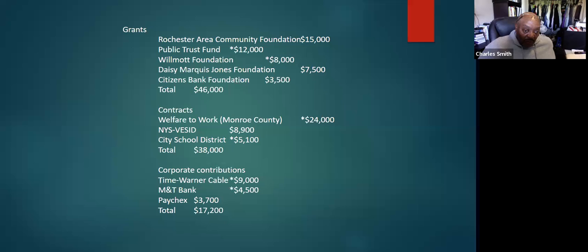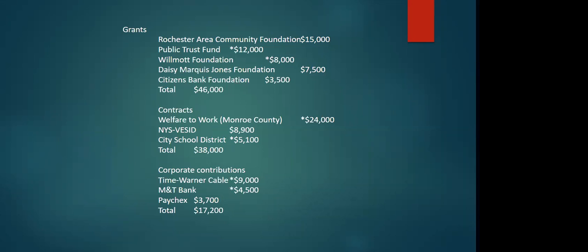Contracts, welfare to work, Monroe County, $24,000. NYS vested, $8,900. City School District, $5,100. Total, $38,000. Corporate contributors, Time Warner Cable, $9,000. M&T Bank, $4,500. Paychecks, $3,700. Total, $17,200.